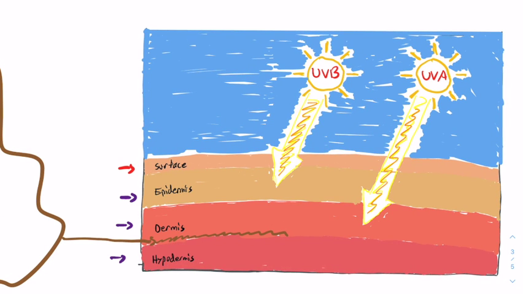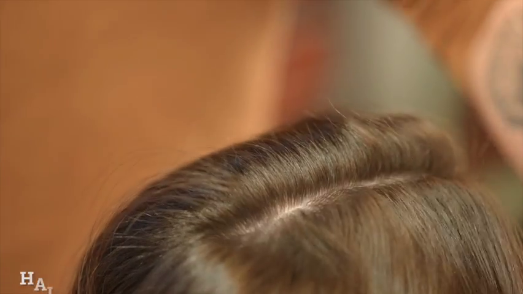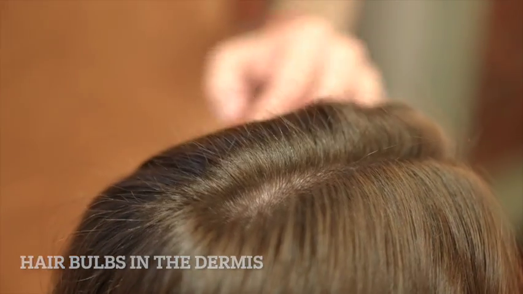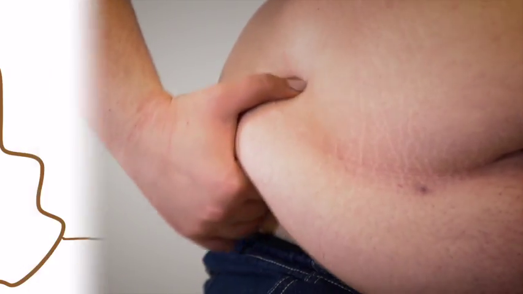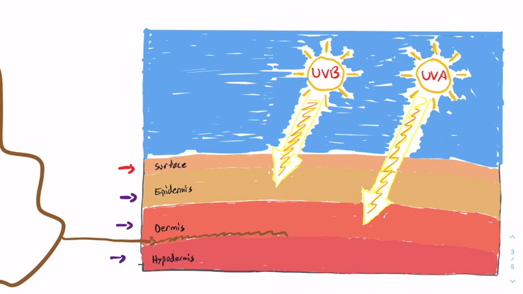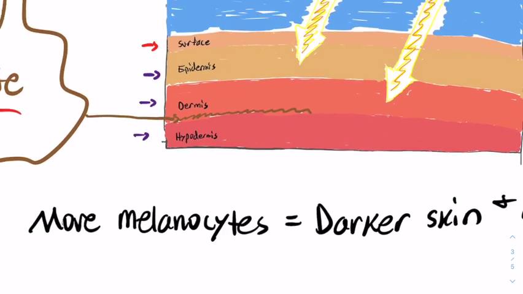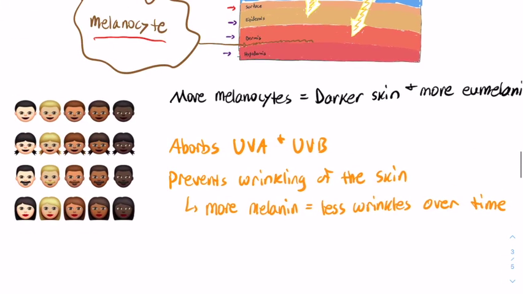And in each layer, there's different things, right? You got bulbs of hair that come out of one layer. You have fat that comes out the other layer. And the dermis is interesting because this is where the melanin's produced, in this bottom layer that's here in brown. And like I said, the more melanocytes you have, the darker your skin, and the more eumelanin. The less melanocytes you have, the lighter your skin.